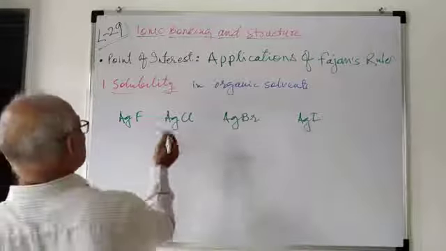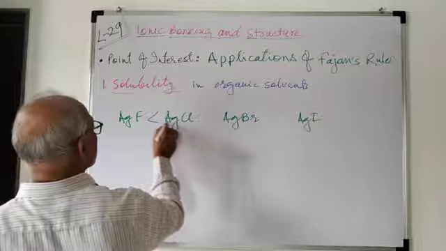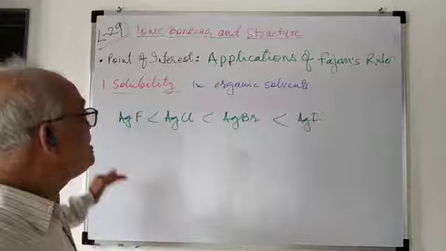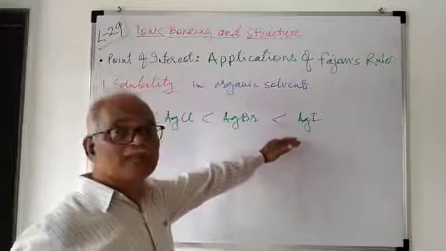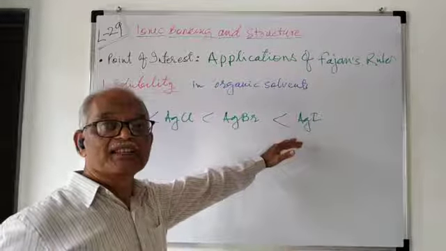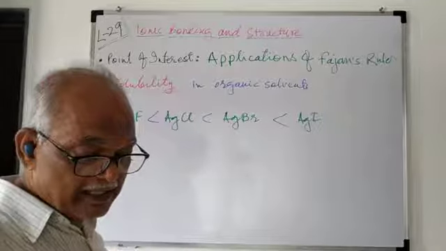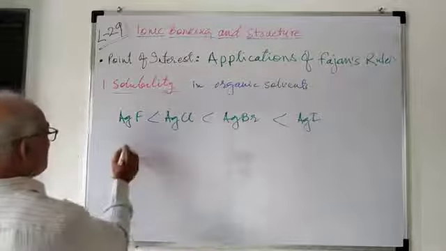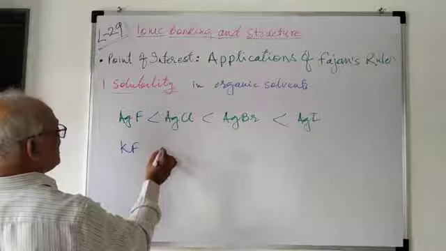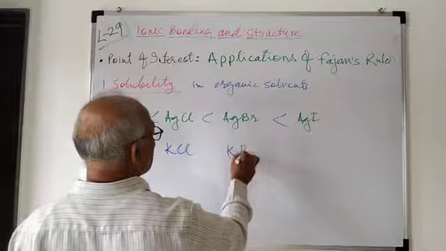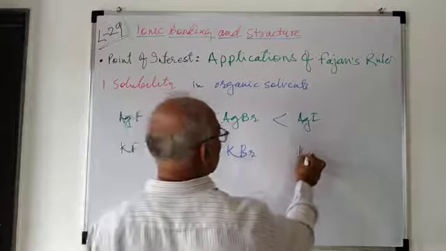Here we find that the covalent character is increasing in this direction, and solubility in organic solvent also increases in the same direction. Now we can consider another example, that is KF, KCl, KBr and KI.